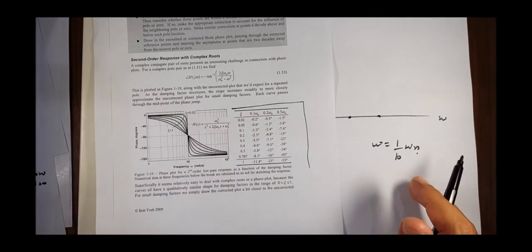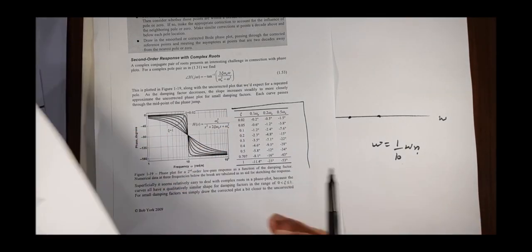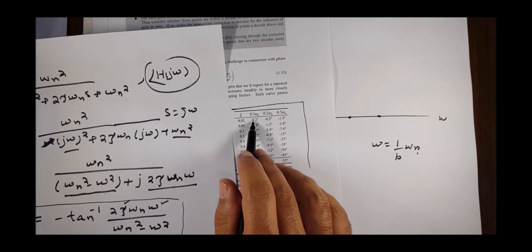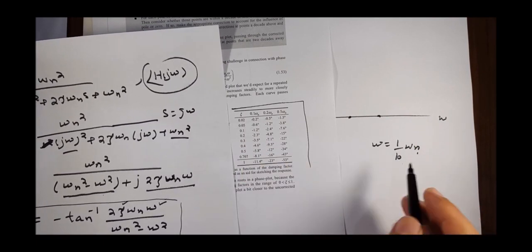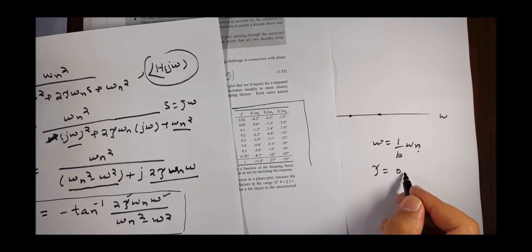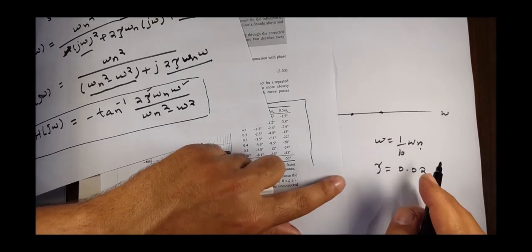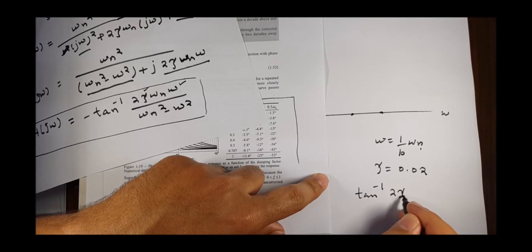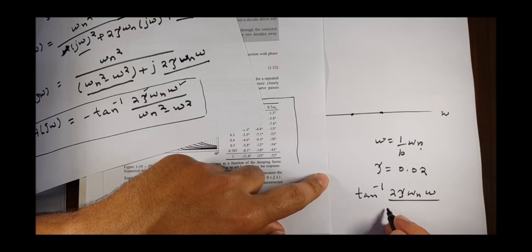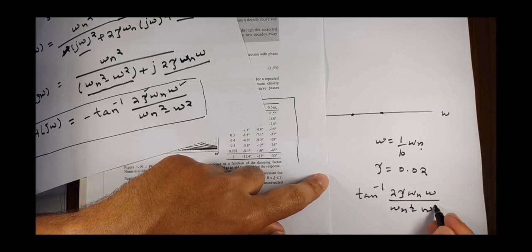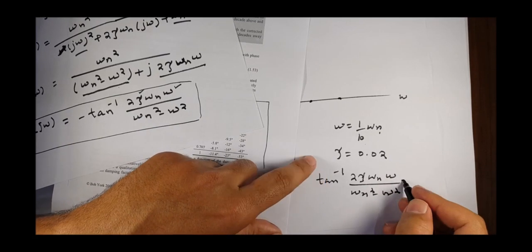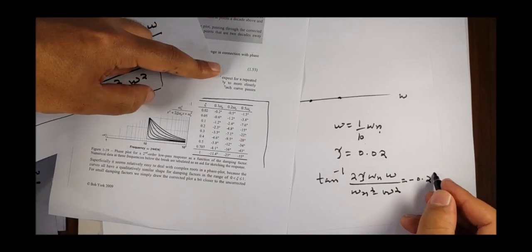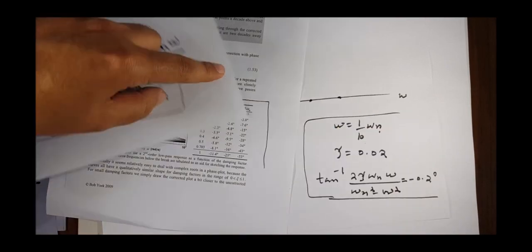The phase of this transfer function, tan inverse of 2 zeta omega n times omega over omega n square minus omega square, will give you an angle of minus 0.2 degree. You understand this point, right?